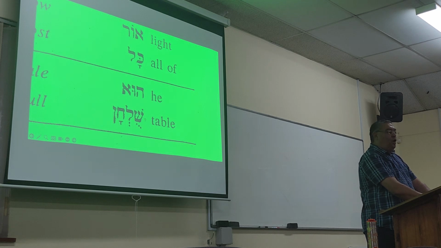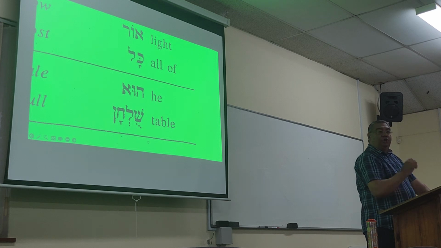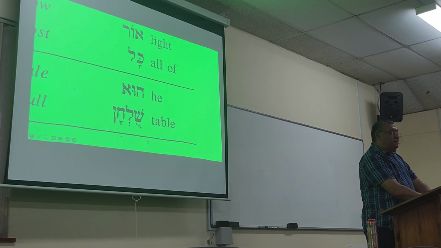Okay? So there you've got a shin pointed with a kibbutz, and a lamed that ends the syllable, which means that you don't say that vowel that's under there. So the first syllable is shul. Shul. Right? The second syllable is chet, which is a guttural sound, with a kametz, which is a, and then followed by a final nun, which is n.